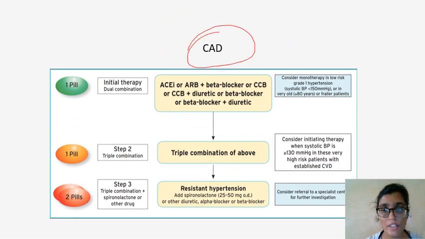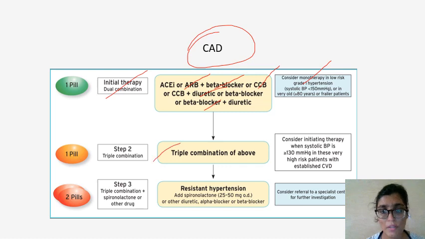In patients with coronary artery disease, initial therapy is dual combination, that is ACE inhibitors or ARB plus beta blocker or calcium channel blocker plus diuretic or beta blocker plus diuretic. Consider monotherapy in grade 1 hypertension, systolic BP less than 150, or very old or frail patients.